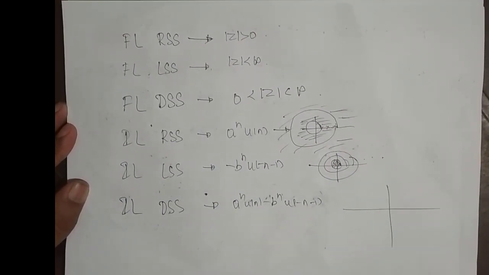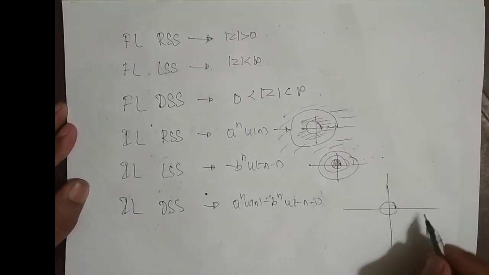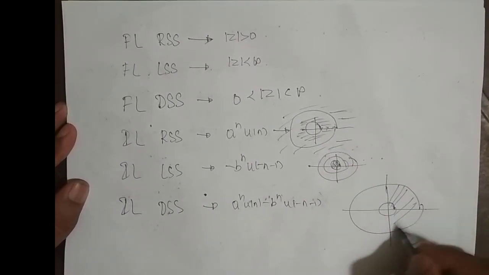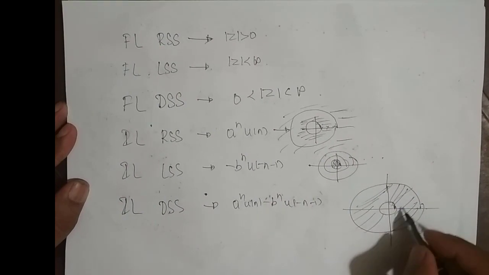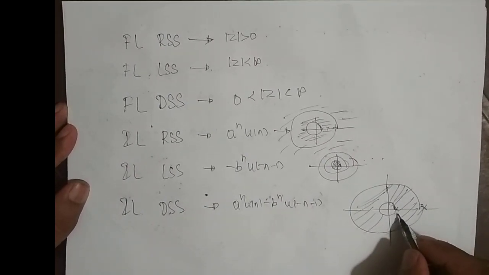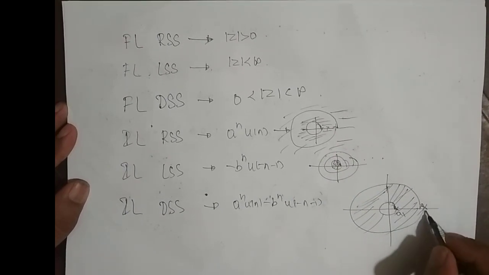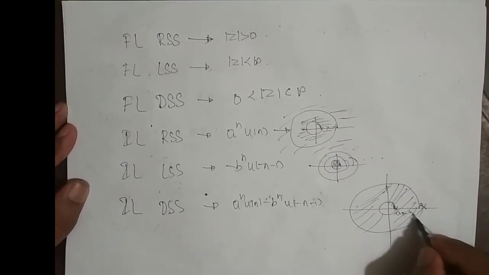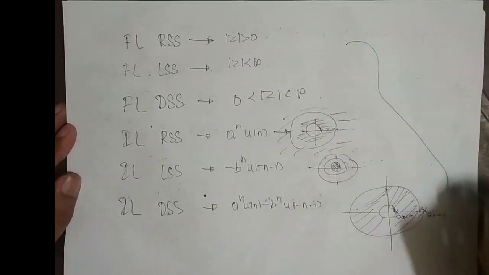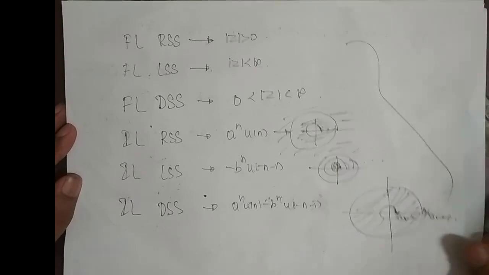And the ROC is in between the inner circle and the outer circle. This was the ROC. This was the innermost pole A1, the A minimum, and this was A maximum, the outermost pole. And all these are actually properties of ROC which I have listed here.